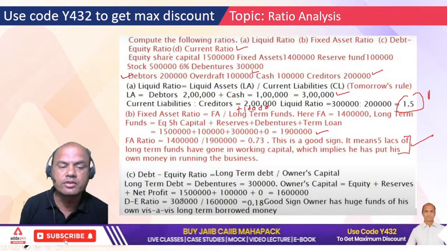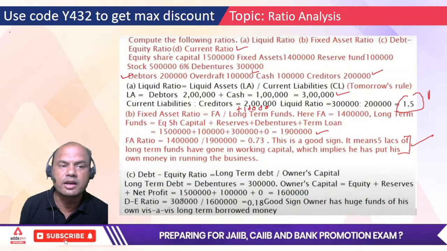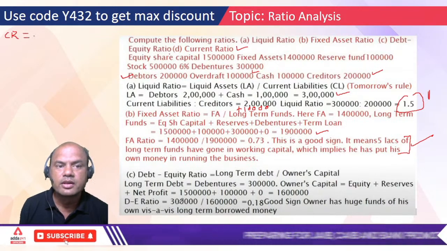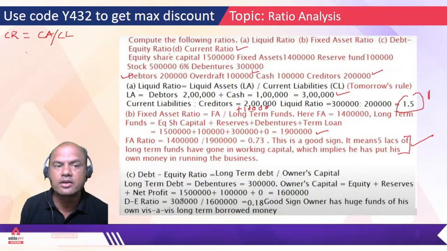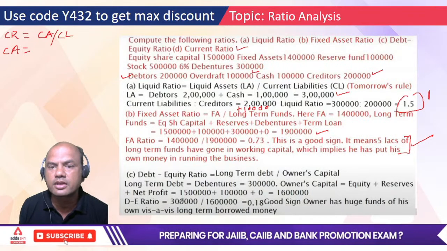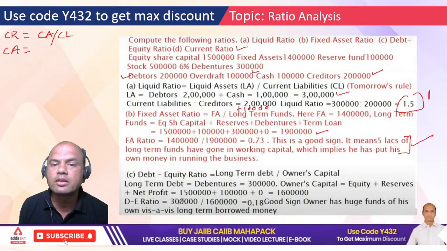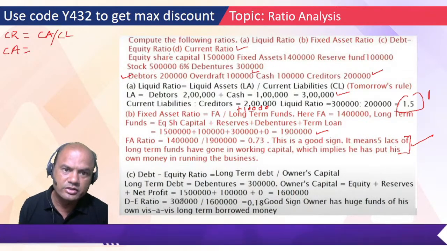What is the formula for current ratio? Current ratio equals current assets upon current liabilities. So what are the current assets now? Equity capital is long term, fixed asset long term, reserve fund long term, stocks, yes, so 5 lakhs over here.